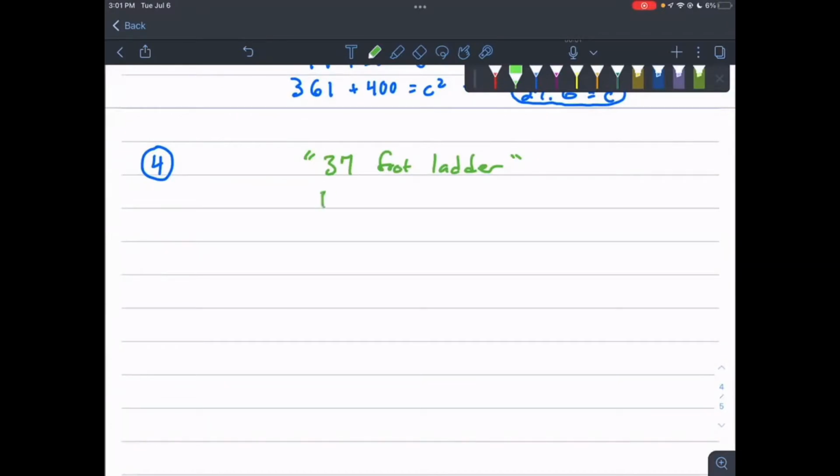The bottom of the ladder is 22 feet from the bottom of the building. So it's resting against the building, and the bottom of the ladder is 22 feet from the bottom of the building. And we're asked, how tall is the building?